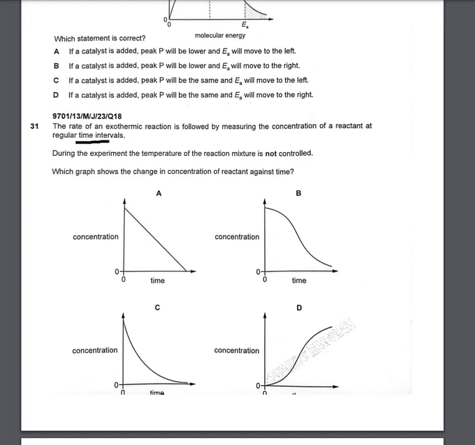It's an exothermic reaction. The concentration will decrease over time. The temperature of the reaction mixture is not controlled. So this is definitely not a straight line graph, and the concentration of reactant is never increasing. So among C and B, you have to check the trends here.